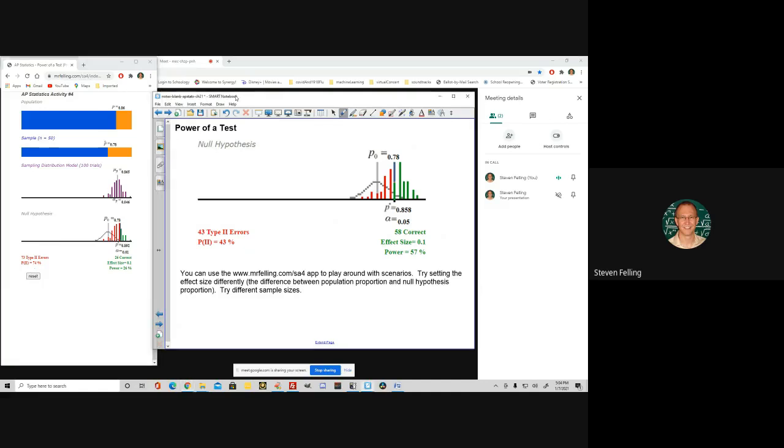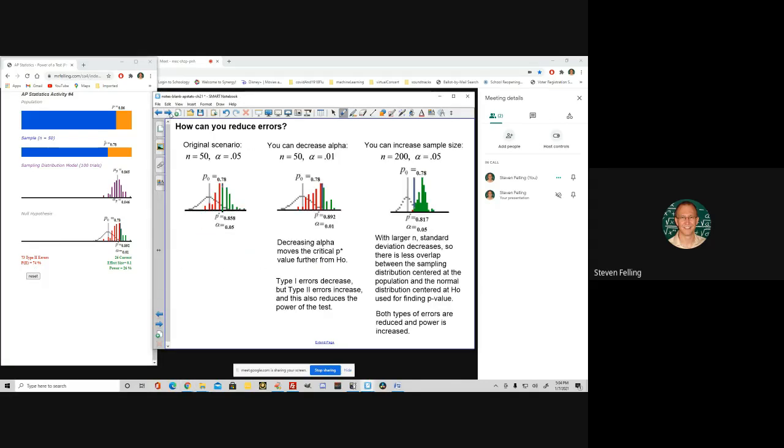But I'm going to summarize what comes out. How can you reduce the errors? Well, if the original scenario was we had alpha set at the traditional 5% decision point for saying something's unusual, and the sample size was 50, we have quite a few power of the test where we found the right thing and quite a few type 2 errors, and there's a 5% chance of getting a type 1 error.